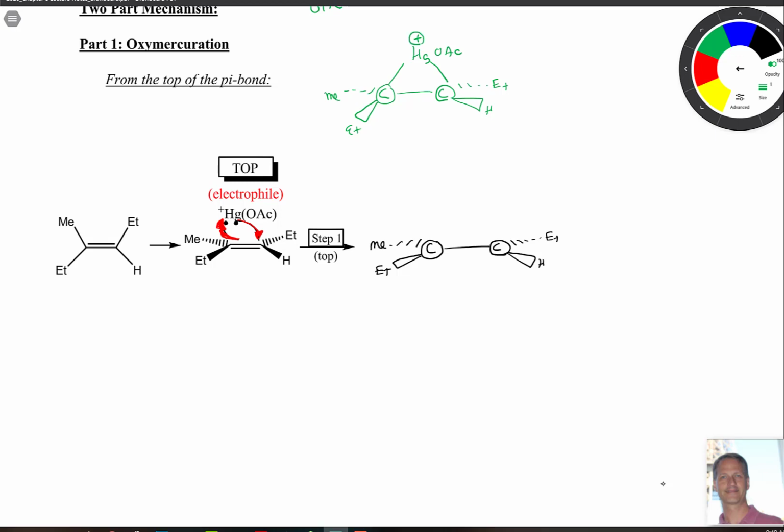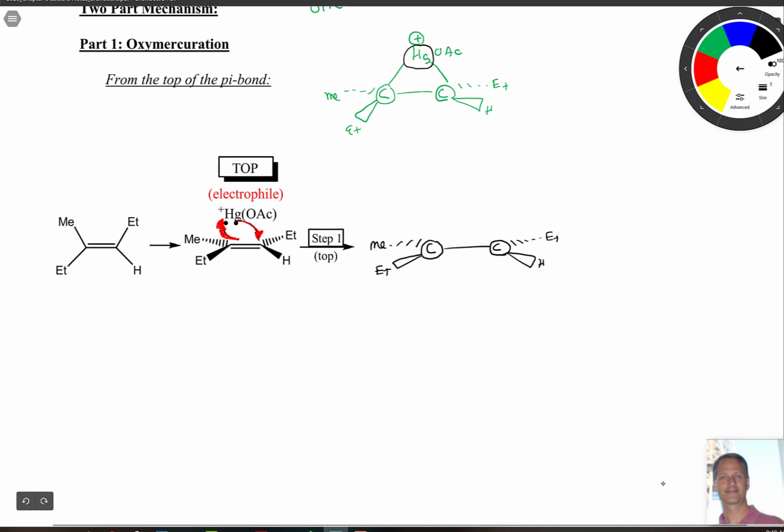Now it turns out that you don't get this perfect-looking isosceles triangle. Here's the idea, and this is important. We're going to see this in at least 2 more reactions in the next few pages. The mercury is pulling electron density towards itself because it's electron deficient. So which side is it better to pull more electron density from?